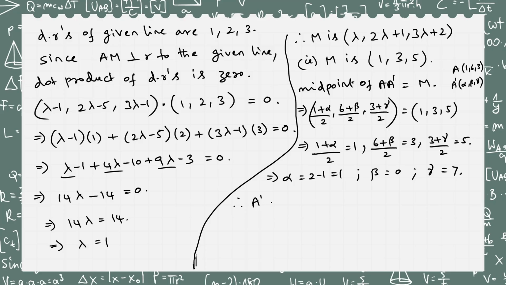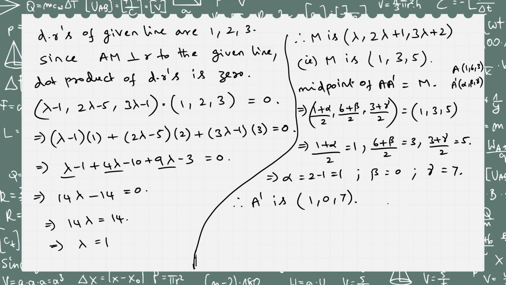Therefore, A' is alpha, beta, gamma, that will be 1, 0, 7. So the image of A on the given line will be the point 1, 0, 7. And we are not yet done. We need to find the equation of the line AA' also.